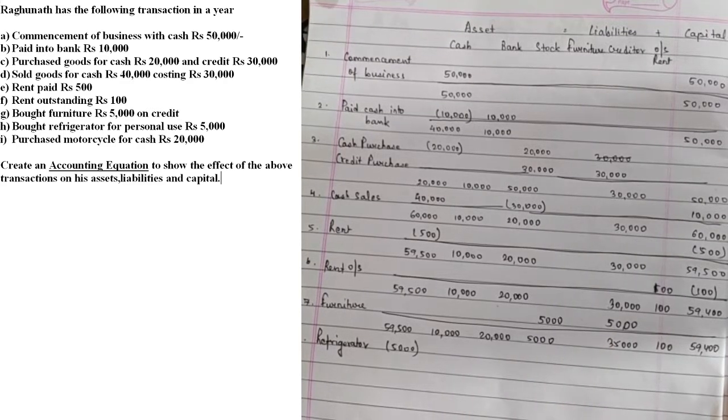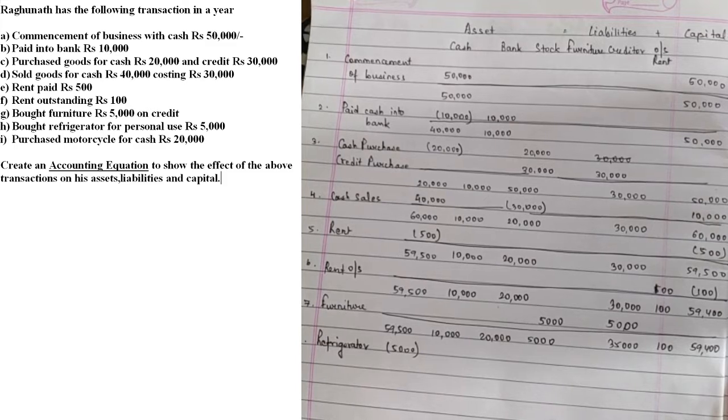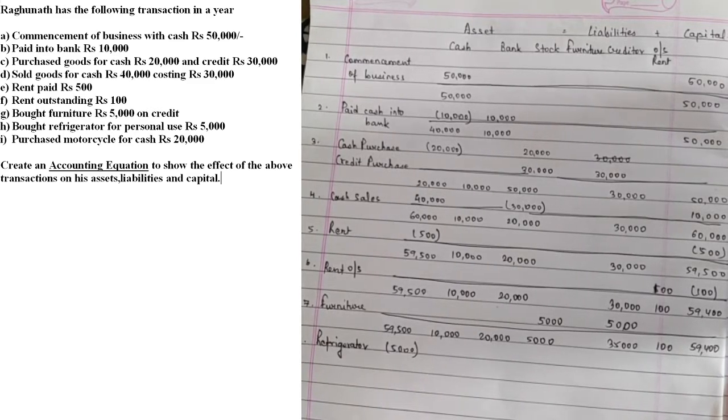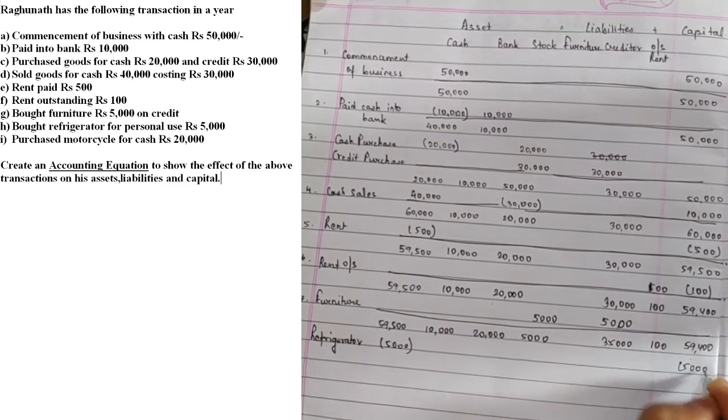We had learned in a previous video that when a withdrawal is made from the business for personal use, it is known as drawings. So this is also a form of drawings. Therefore, we are going to adjust it with the capital.